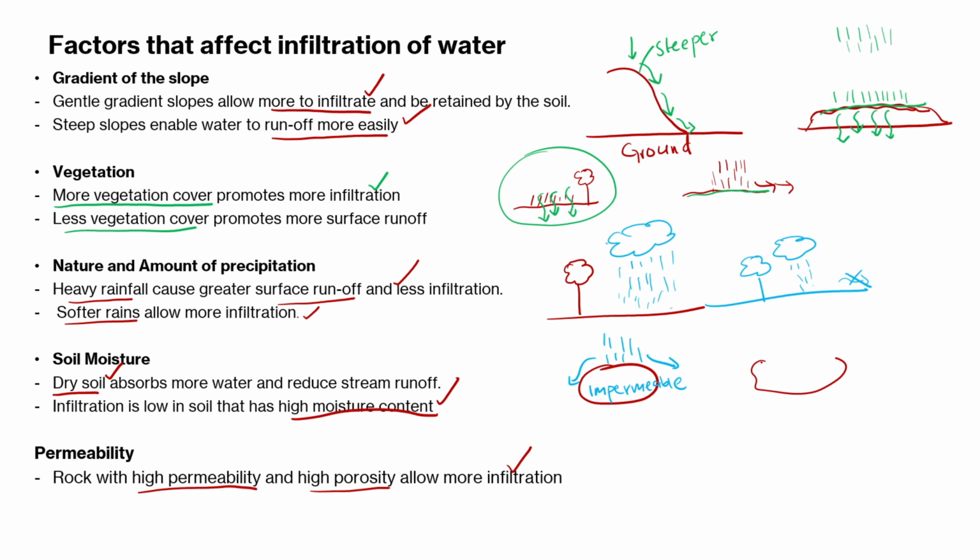But if you have got a rock that has got pores, or holes, those holes will actually allow more water to pass through. So if water lands on top of that rock, the water will percolate, the water will just sink in, and there will be more infiltration. So the rocks that have got high permeability and porosity allow more infiltration. But the rocks that have got low permeability promote more surface runoff.